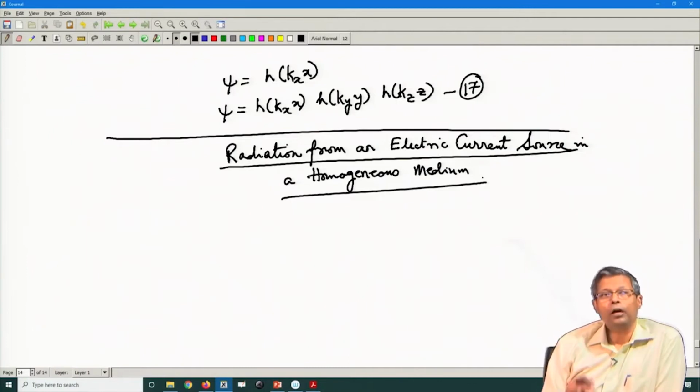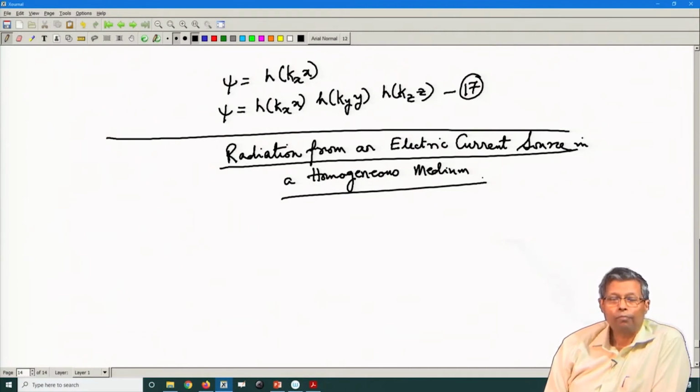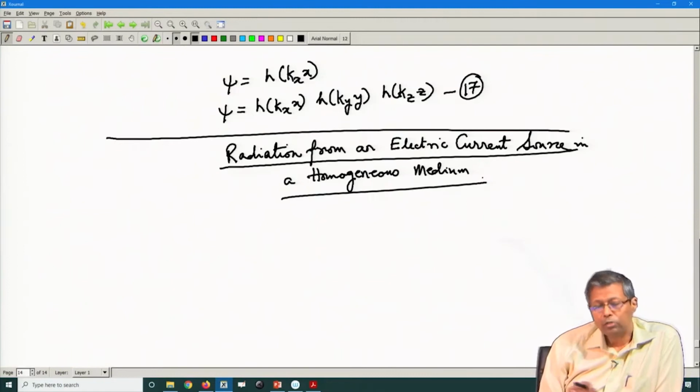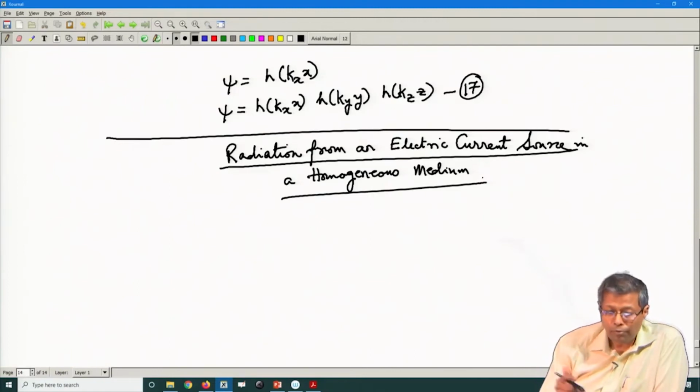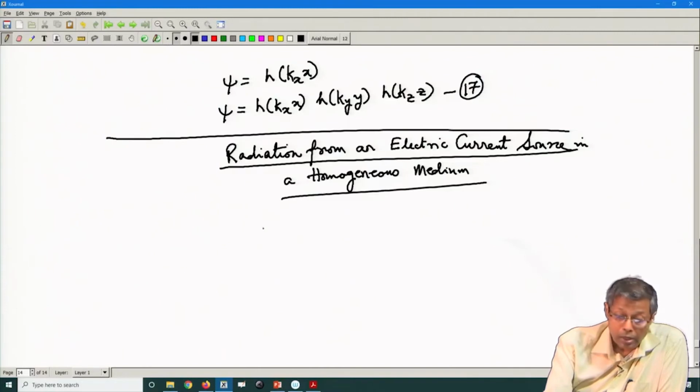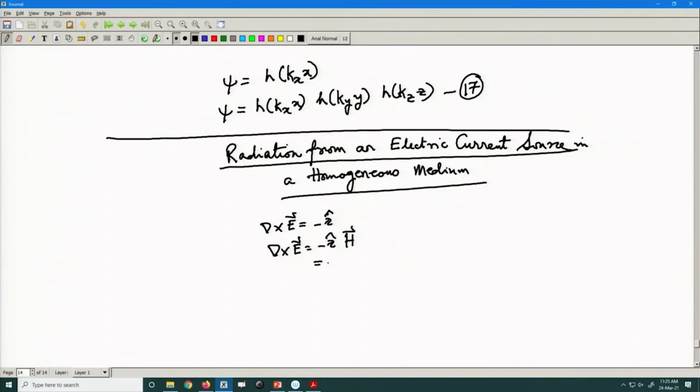Now, we graduate from there to the introduction of a current source in a homogeneous medium. When we introduce the current source in a homogeneous medium, our wave equations read like this. Curl of E equal to minus z cap H, that is equal to minus j omega mu H, assuming that there is no magnetic current source, but only an electric current source.